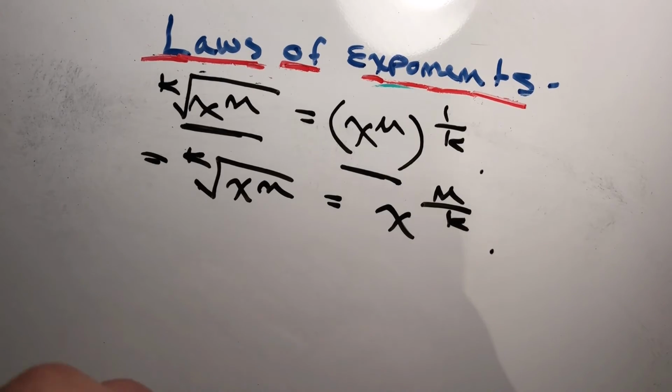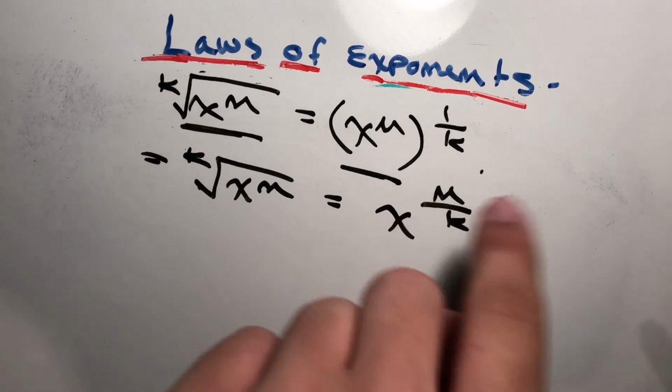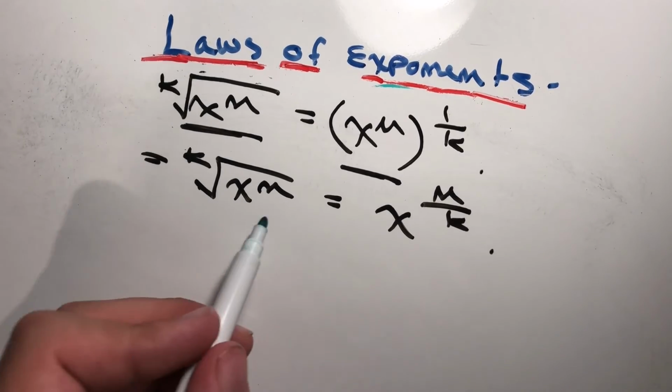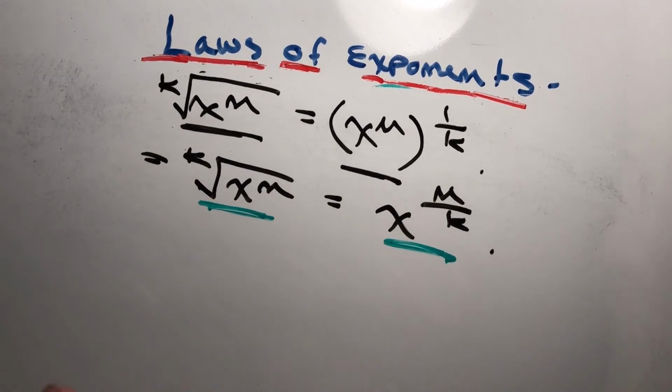Based on that, we can take x to the m to mean the x in this case, and apply that second law of exponents. This is a way to deal with any fractional exponent and convert it into a root, so this is one of the more important concepts.